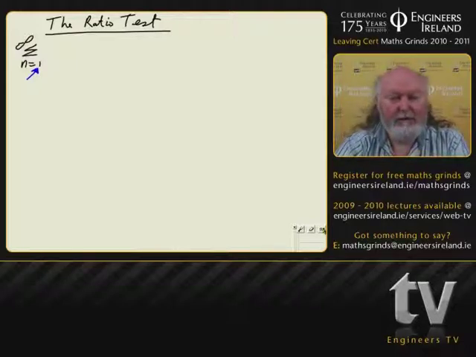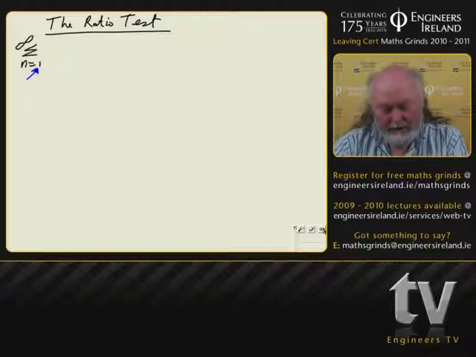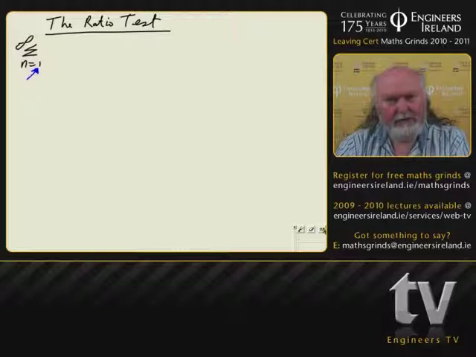Sigma means the sum. It's the sum for n equal to 1 up to infinity. In some cases it'll say n equal to 0, and there are cases where it could be, for example, n equal to 5 up. But generally for the Leaving Cert, it'll be n equal to 0 or n equal to 1 starting. But watch it, because that's what's going to give you your first term. It's so easy to imagine that they all start with 1. The first term can be term 0, not just term 1.